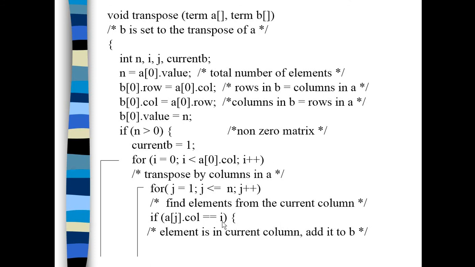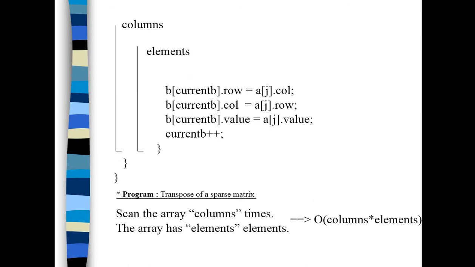Okay, if it is there in the ith column, then we are going to store it in the ith row. The current P variable will help us access the present non-zero element.